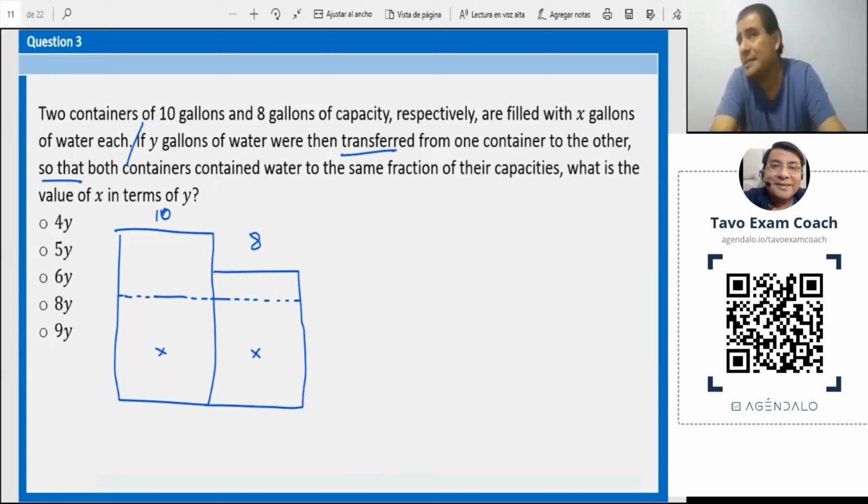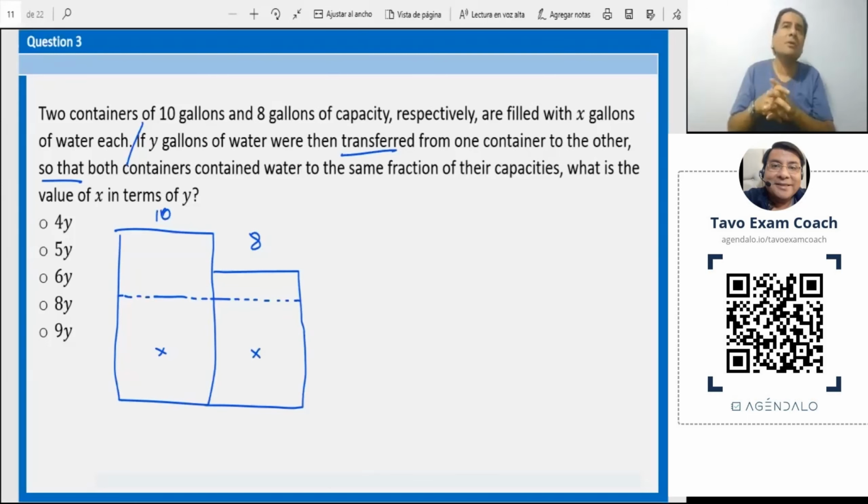So what we want is that both containers look proportionally having the same content of water, so that the amount of water relative to the total capacity should be practically the same. But as it is, you can see that the container to the left looks emptier than the container to the right.